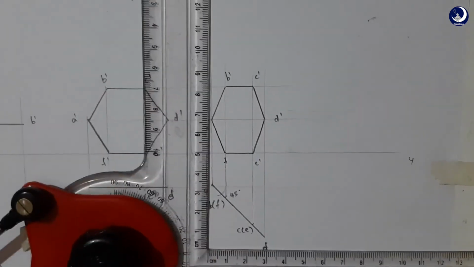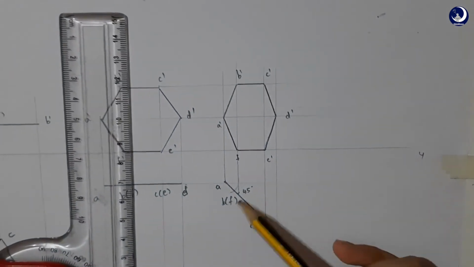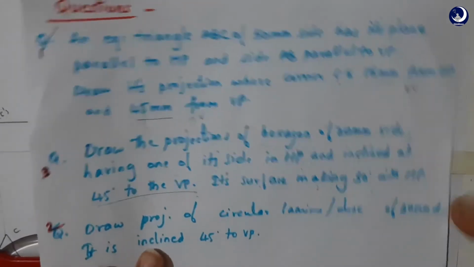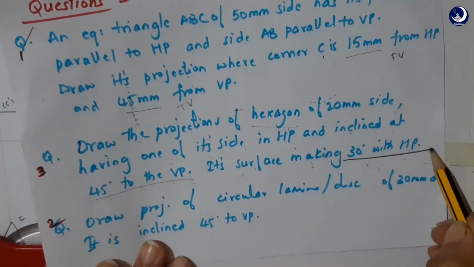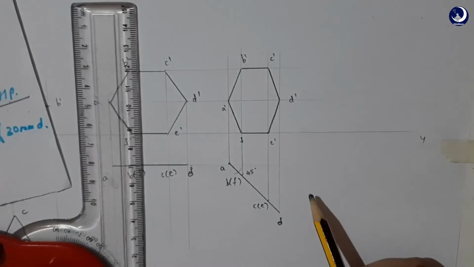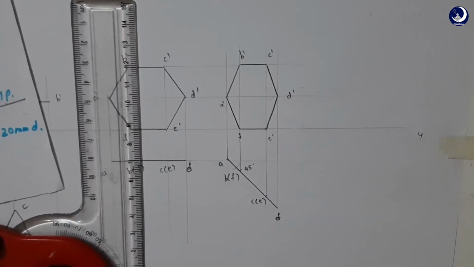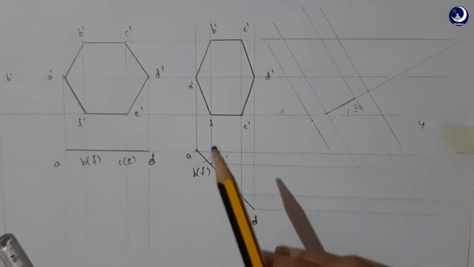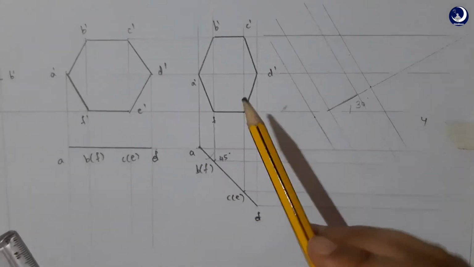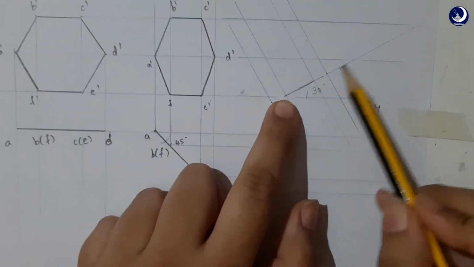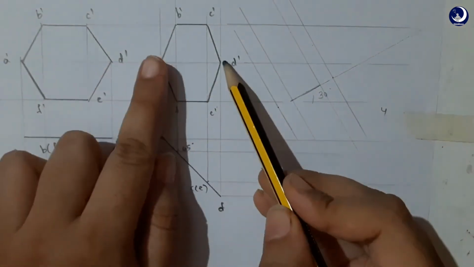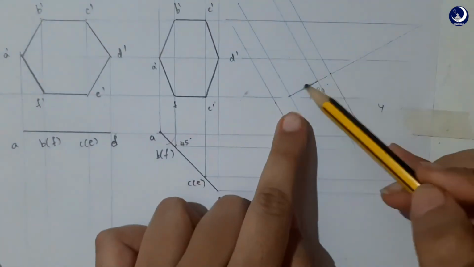So now the next, 45 degrees to VP, we got it. Next, it is also given in the question that the surface is making 30 degrees with HP. So the next step, as we discussed, it is now at 30 degrees with HP. So I've made a 30 degree line, and you have to map this here.